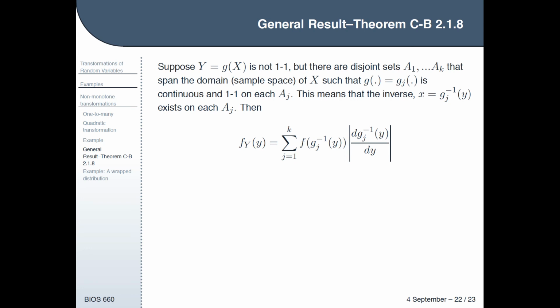This is just a fancier way of saying what I illustrated on the previous slide, that you can split your cumulative distribution function up into the different ranges where it's one-to-one, add them all together, and then differentiate that.